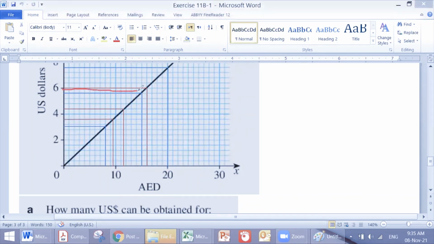It is drawn in red, and I will see how many AEDs are here. So at this point, it is 19, 18, 17, and 16. So this will be 16, yes.